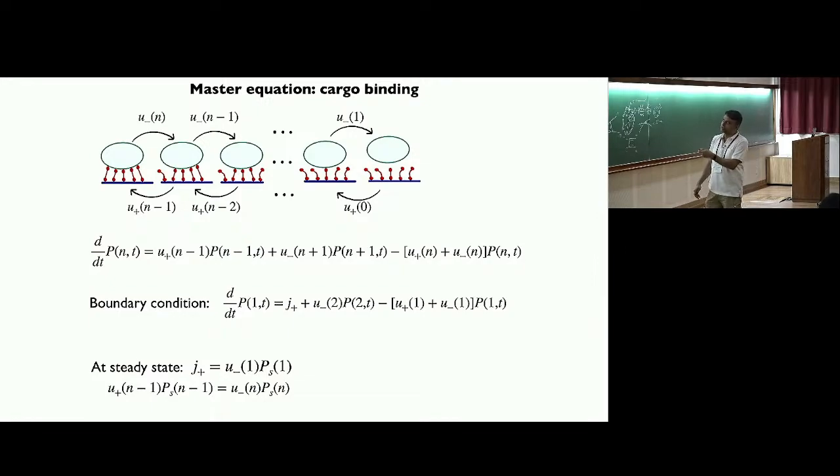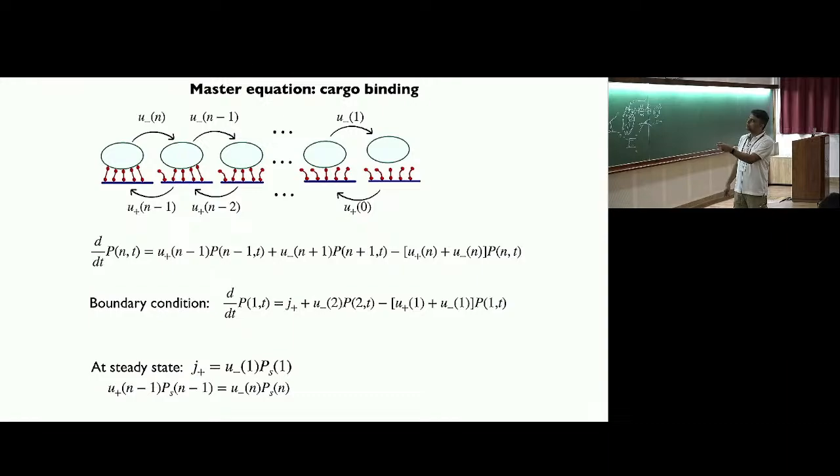I give this probability, P of n, t, meaning that n molecular motors are attached to a cargo at a given instant. There could be gain terms, because a cargo with n minus 1 molecular motors can get a new motor, and that's a gain term. A cargo with n plus 1 molecular motors can lose one. That will also lead to a gain term. And similarly, there will be loss terms.